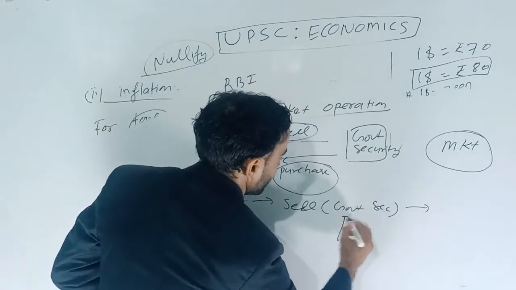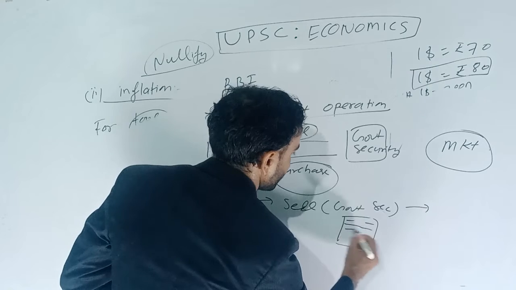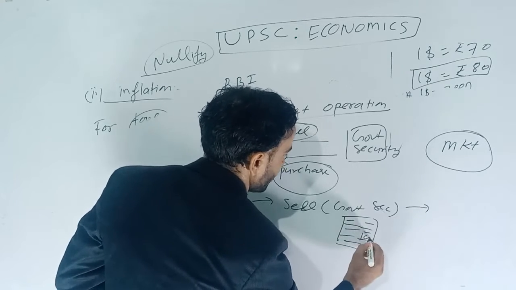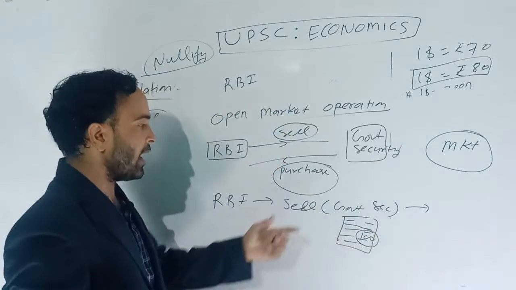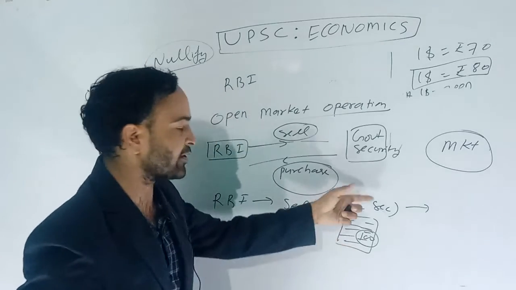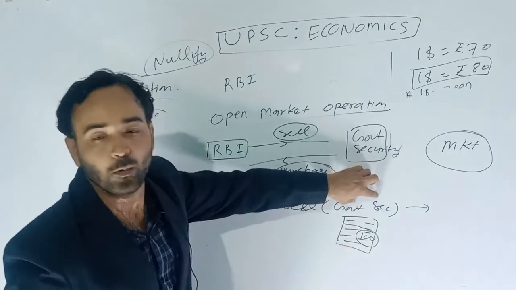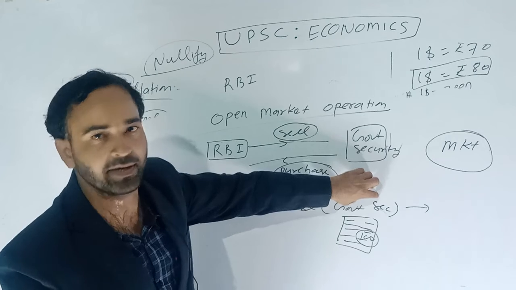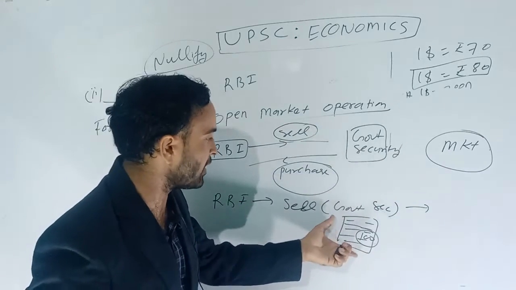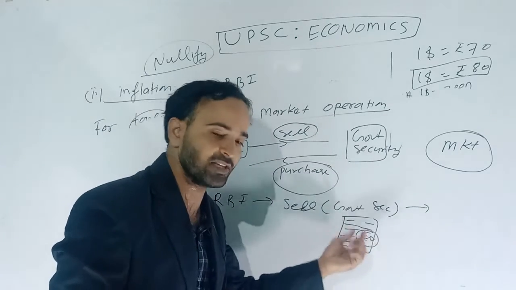What is the security? The security paper states an amount of 100 rupees. What is the meaning of government security? It is just a kind of paper, and a price is mentioned on it.